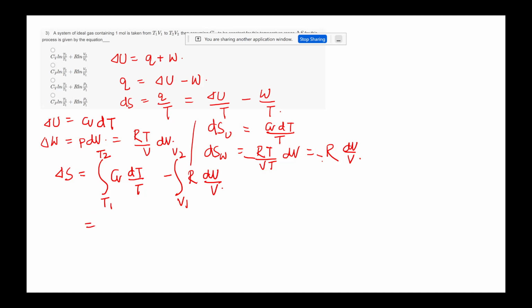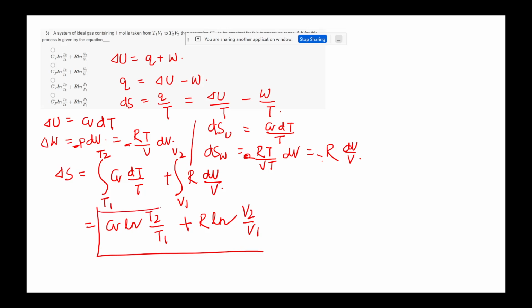And if you do this, then you get Cv ln T2 by T1 minus R ln. Okay, there will be one minus. One will be minus, so this minus cancels out. So there will be plus R ln V2 by V1. So for the first option, Cp will not be there, only two options can be correct.